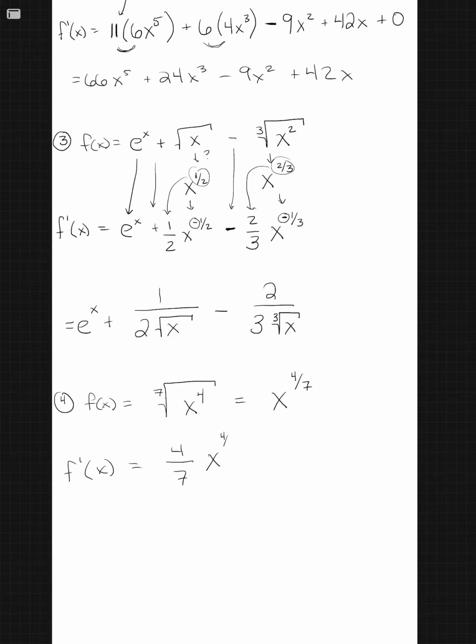I'll write it out this time because I have a little bit more room, which is 4/7 times x to the negative 3/7. And then when we simplify it, simplifying generally should involve getting rid of negative powers by putting it on the other side of the fraction. So this becomes the 7th root of x cubed down there in the denominator.